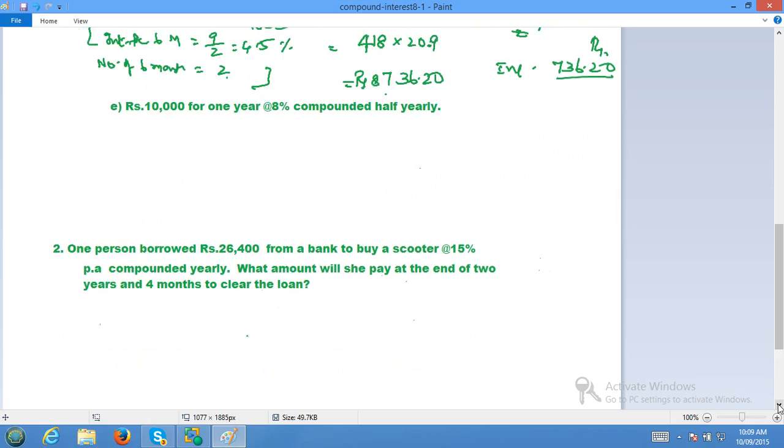So next problem we will try. It is 10,000 for 1 year at 8% compounded half yearly. It's similar to the last one. Whenever we say 8%, it is per annum. So how will we start? Principal is 10,000.